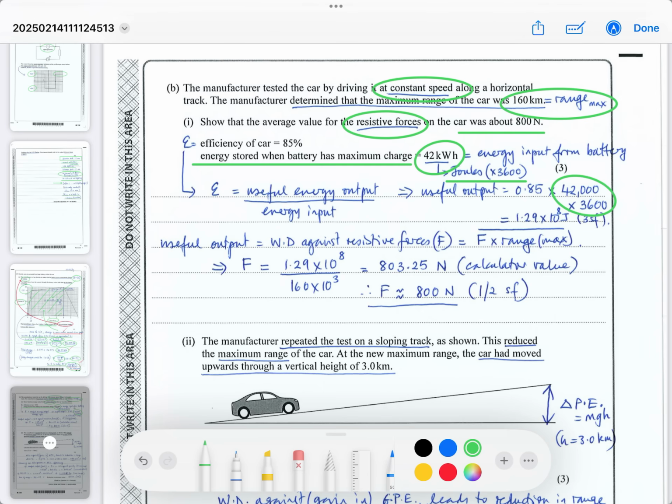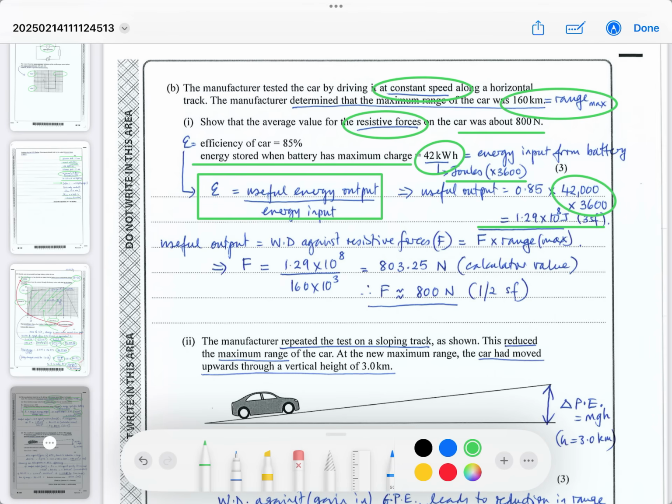So the useful output, using the efficiency equation, change it so the useful output is the thing we want to work out. We know the efficiency, so efficiency multiplied by the energy input, which is 42,000 watts, times 3,600 seconds, will be a total of 1.29 times 10 to the 8 joules, to 3 significant figures.